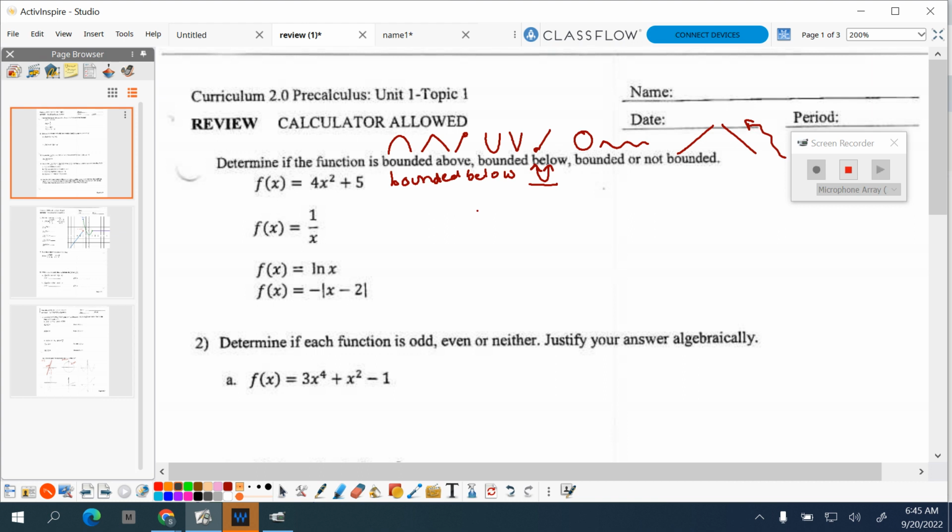Here I have a rational function, and they tend to look like this, but as you can see, there's no lowest low, there's no highest high, so this is unbounded. The natural log function looks like this, and it is unbounded.